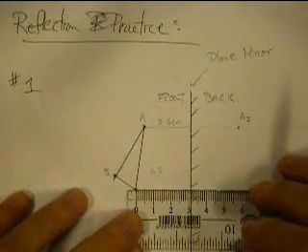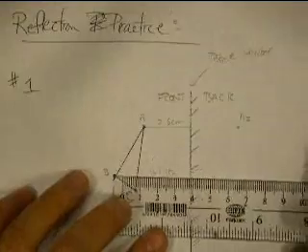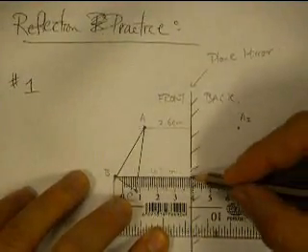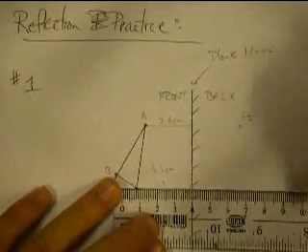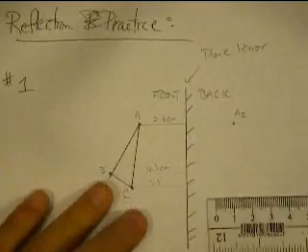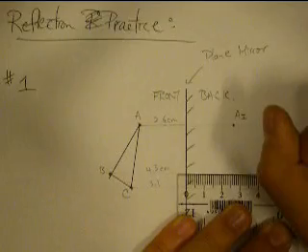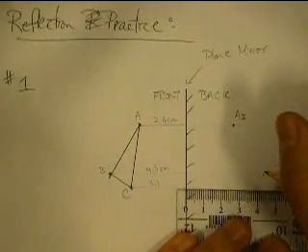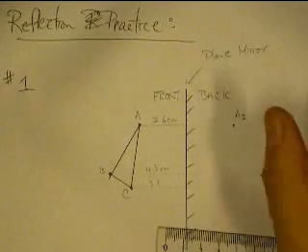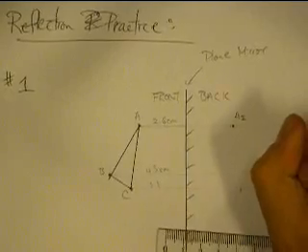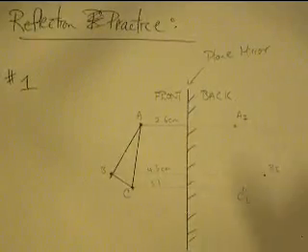This is 3.1. Extend the line to the other side lightly, and lightly measure out the same distance again. 4.3, 3.1. So this should be my image point B, image point C. I have all 3 points now.